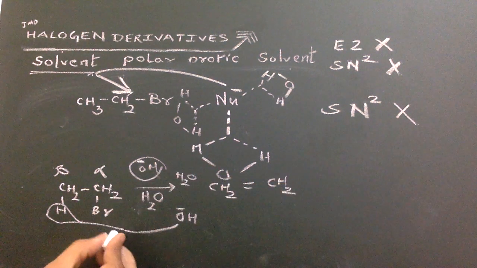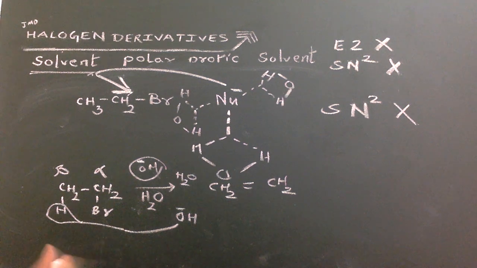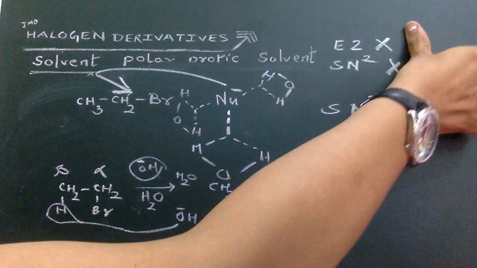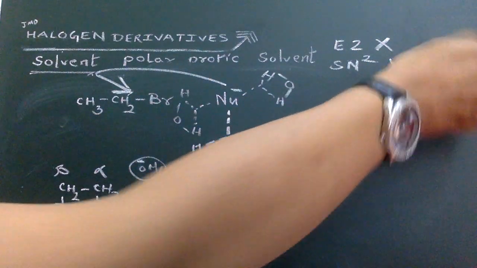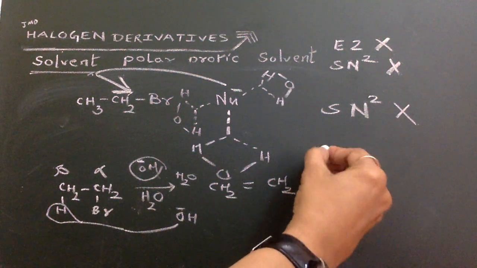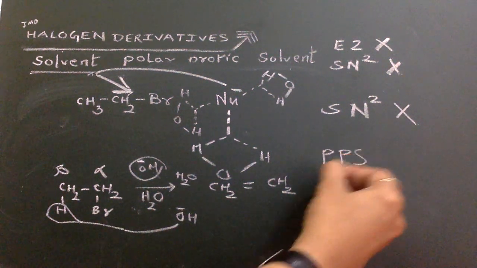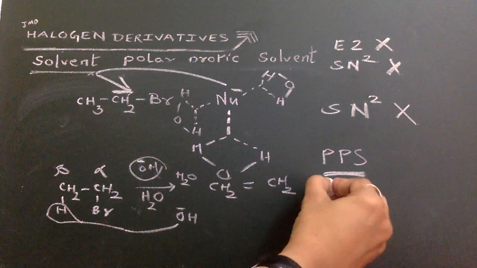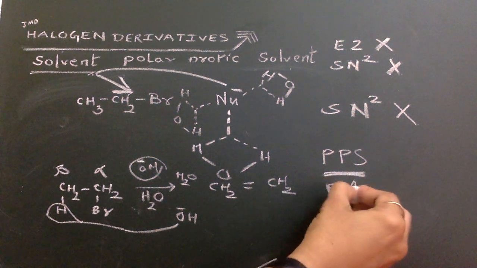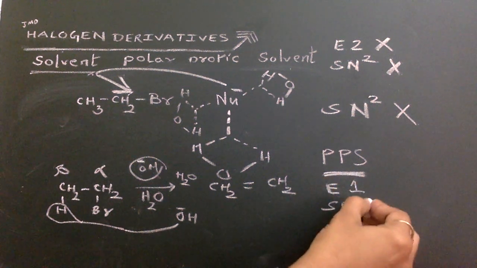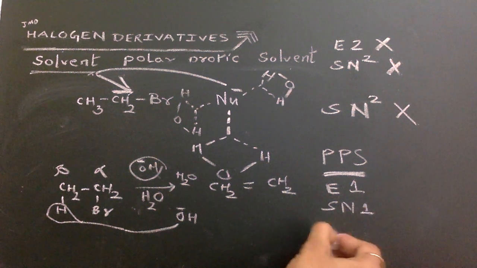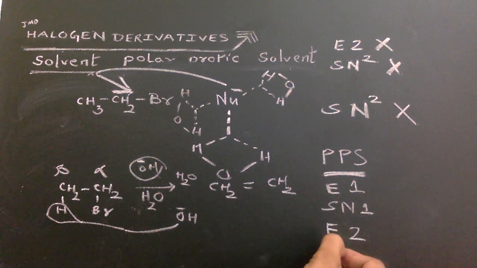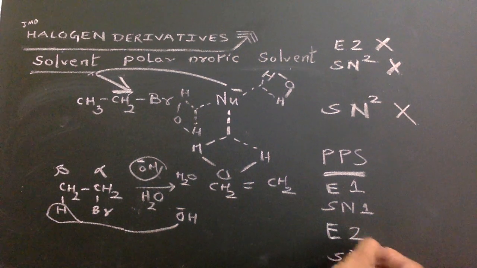Correct? And hence I can say polar protic solvent, that is PPS, will favor E1, will favor SN1, will favor E2, but will not favor SN2.